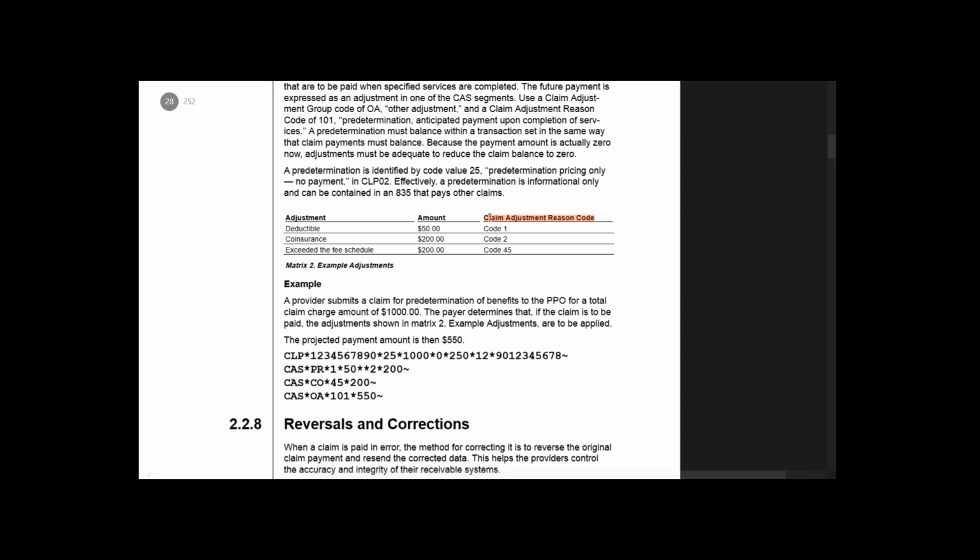This data needs to be translated, and I just don't want to translate it wrong, but what I am trying to explain is, the CAS segment is the one where you are going to find your co-payment, your deductible, and all those values. So this 20 is coming as the co-insurance.